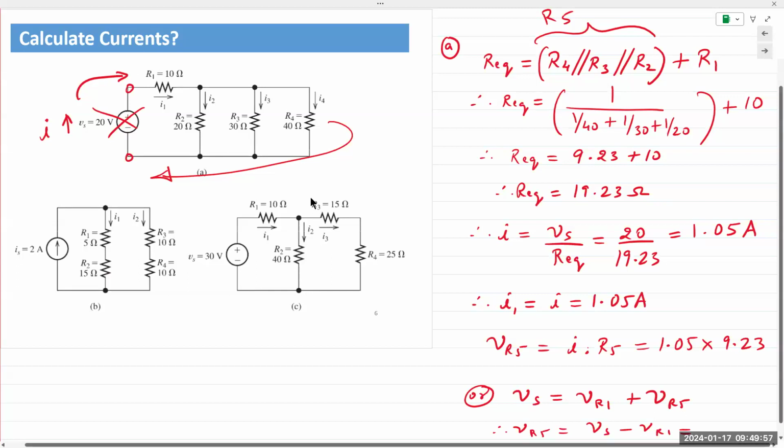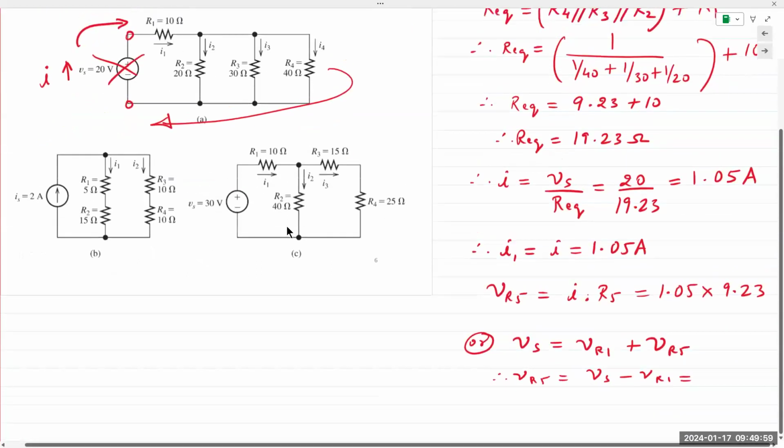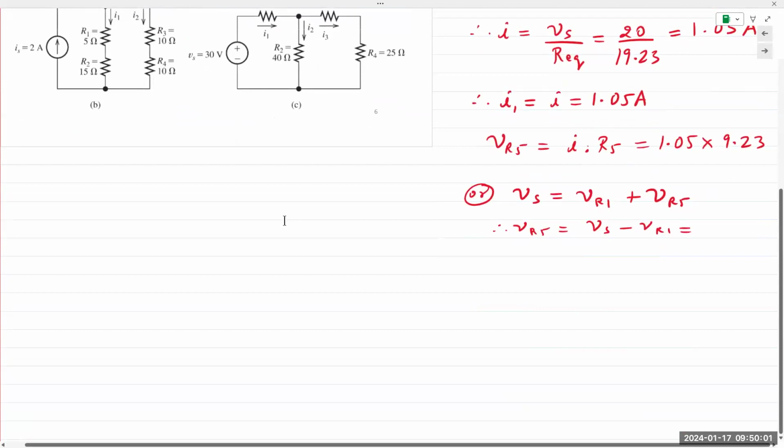Let me scroll. It should be 20 minus 10.5, 9.5 volts.